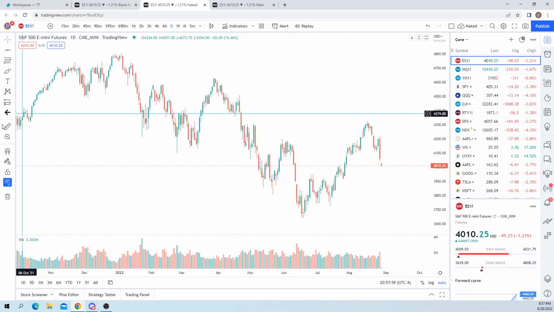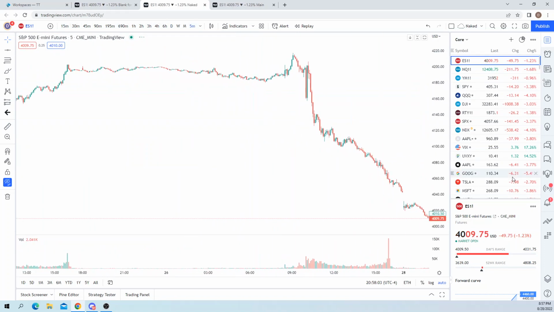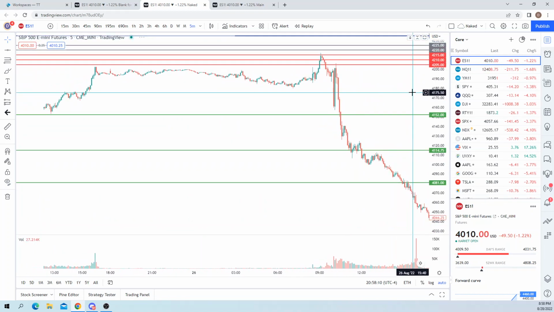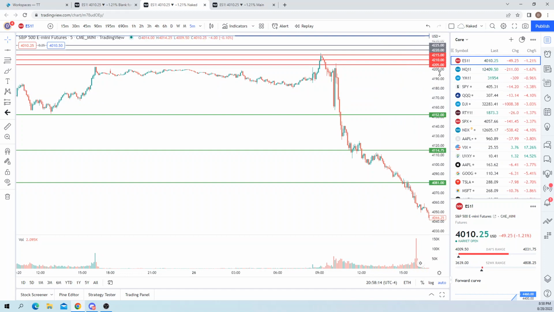Okay, so we'll go on a 5-minute chart. So let's see. Okay, so I highlighted all of the areas for this particular trade. So how I structured this plan is I had 5 different limit orders from 42.05 up to 42.25.